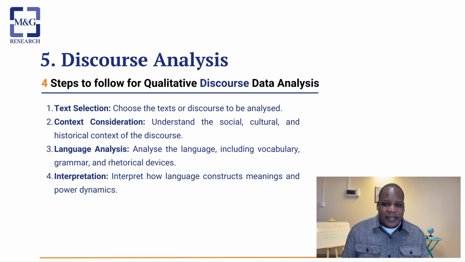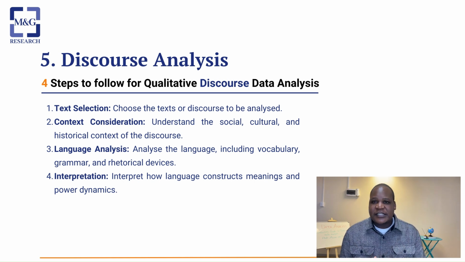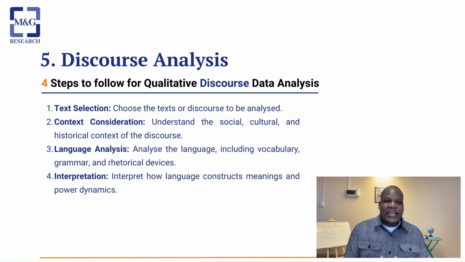So just one critical example that I've been using all along is that whenever you are engaging in a discourse analysis of political speeches, what you need to understand is how politicians are using the language to frame the policy issues, to persuade their audience, and to assert their authority.